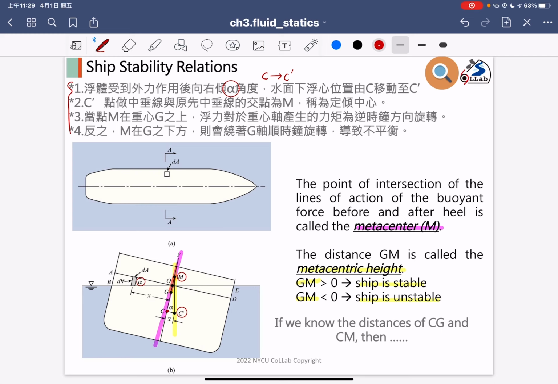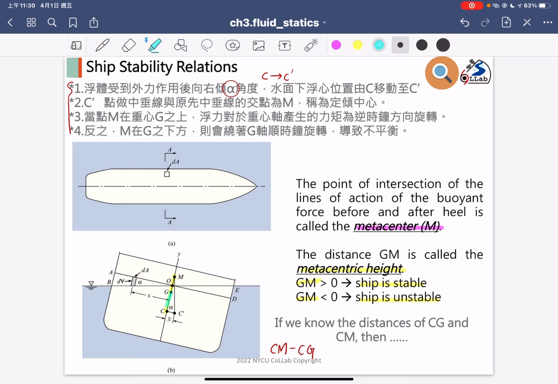Okay? So usually we will compute the CM distance first. So where is the C? The C is in here. So we will first compute the CM distance. And then second, we will compute the CG distance.